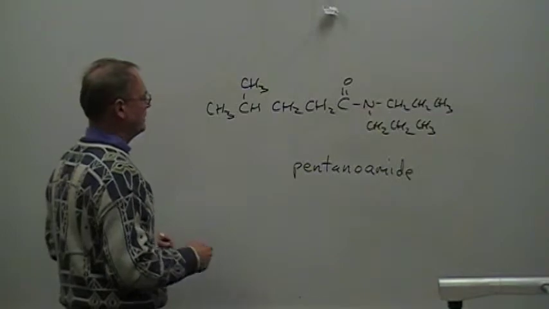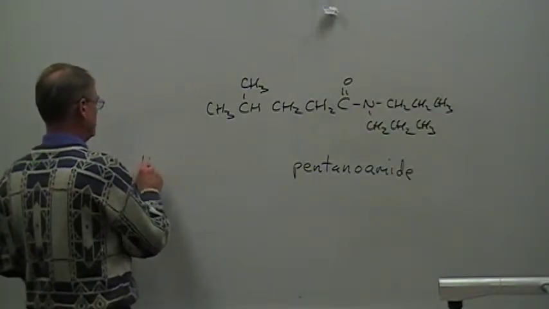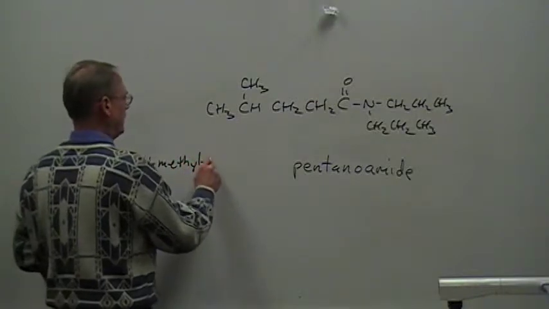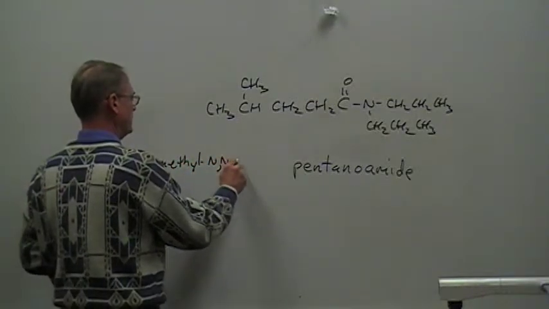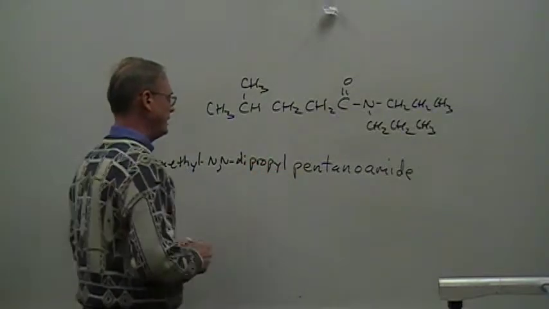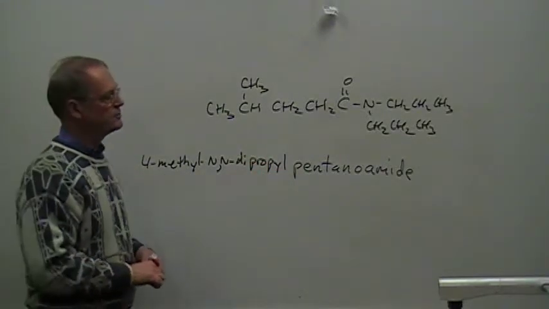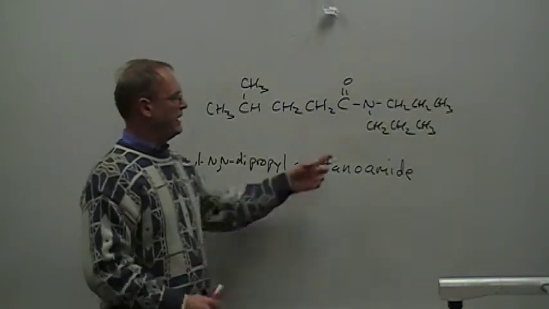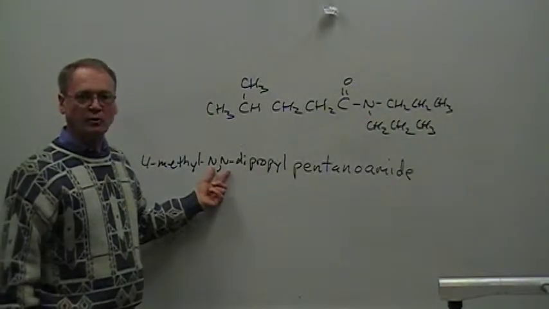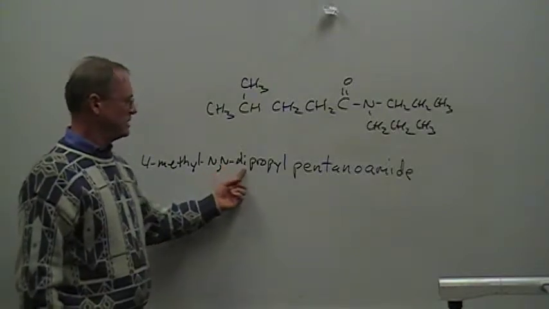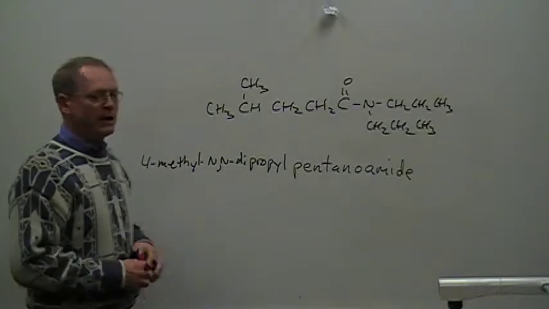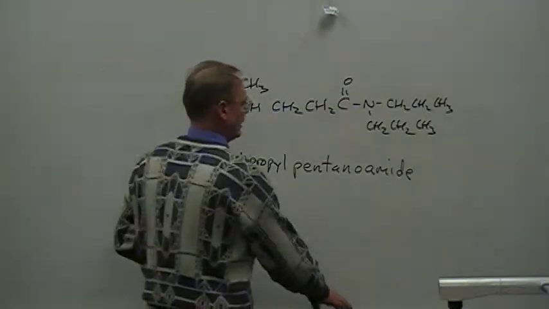So how are we going to name that? 4-methyl, N, N-dipropyl. And that just illustrates the point that if you have 2 groups that are the same as each other on the nitrogen, as we do in this case, 2 propyl groups, you have to put in the capital N twice, once for each of the 2 groups, and then you have to use the prefix di to indicate that there are 2 of them.